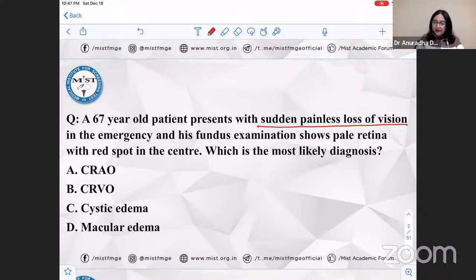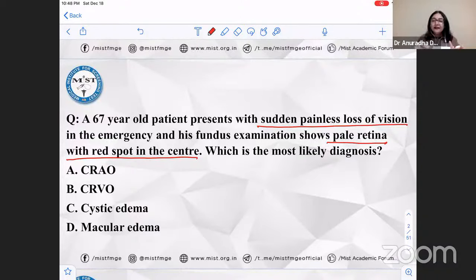So what were the fundus examination findings described? Pale retina. Pale retina indicates ischemic retina, that is, the retina to which blood supply is compromised, and with a red spot in the center. This red spot, as you all know, is known as cherry red spot, because it looks like the color of the cherry.